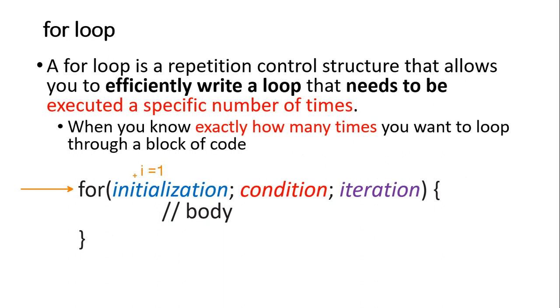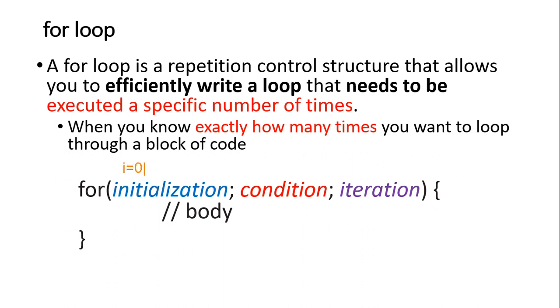Usually these variables, generally i, j, k, are the commonly taken letters. These are called loop control variables, which control how many times the loop will be executed. So we usually initialize the control variables like i equal to 0.